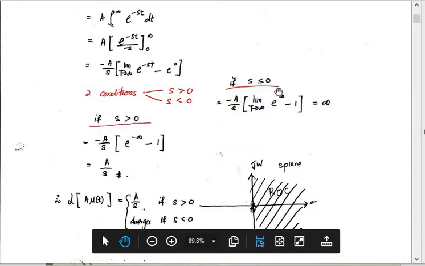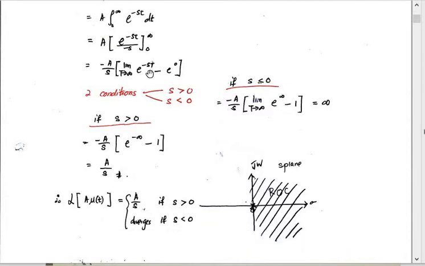If s is less than or equal to 0, here we substitute a negative value. Let's say s is negative 1. Negative times negative 1, you get a positive value, so positive infinity. With positive infinity, you won't get 0; you will get infinity. Infinity minus 1, you still get infinity. So for s less than 0, you will get an infinity value.